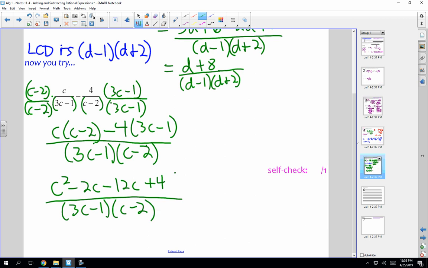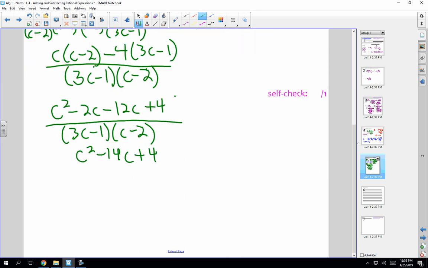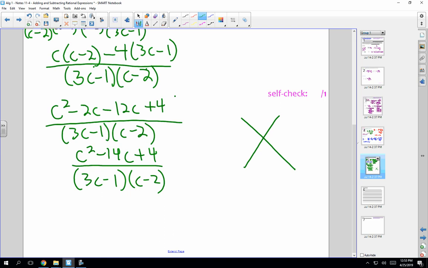Combining like terms gives me c squared minus 14c plus 4 all over 3c minus 1 c minus 2, and I'm looking at this quadratic trinomial c squared minus 14c plus 4. Check to see if it can be factored, because if it can, it might simplify.